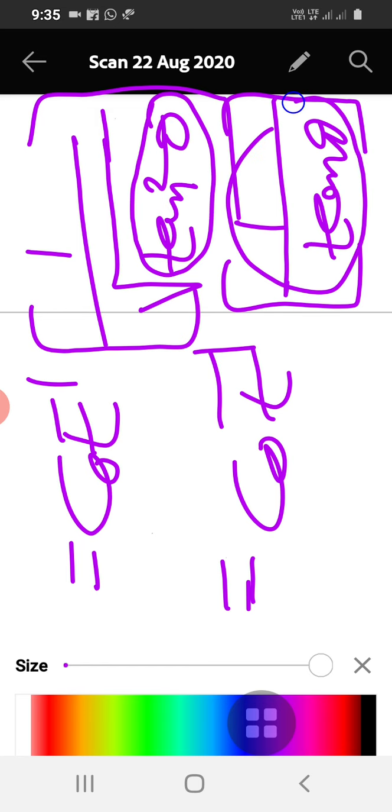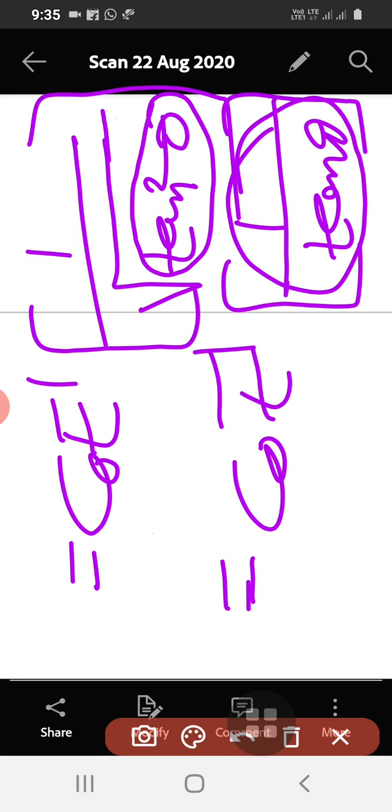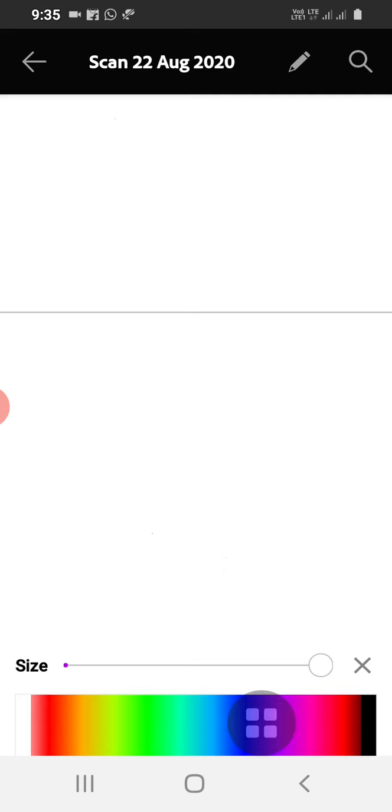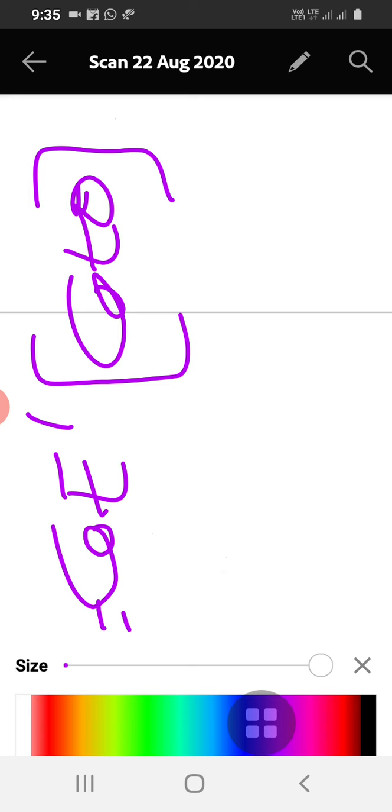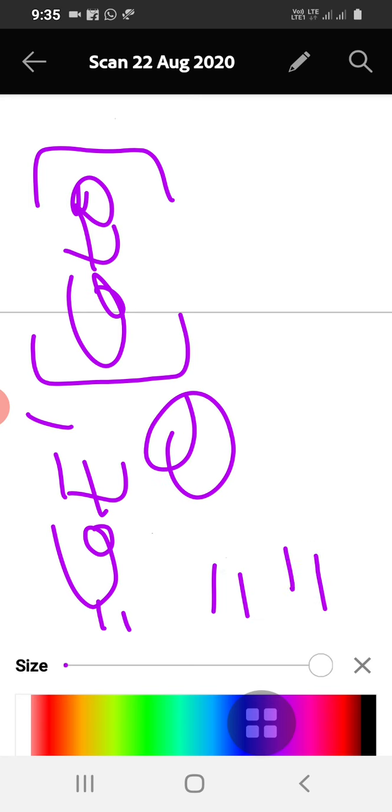In the next step, 1 by tan theta means the reciprocal of tan, which is cot. So 1 by tan theta can be written as cot theta. So cot inverse of cot theta is theta. Now what is theta?